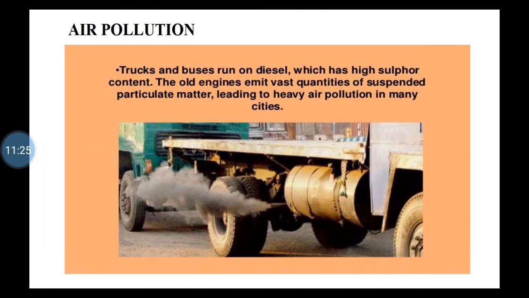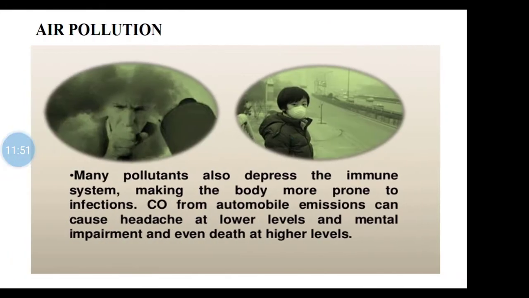So near about 100 pollutants have been identified, isn't it? They are responsible for air pollution. Now trucks and buses run on diesel which has high sulfur content. The old engines emit vast quantities of suspended particulate matter leading to heavy air pollution in many cities.